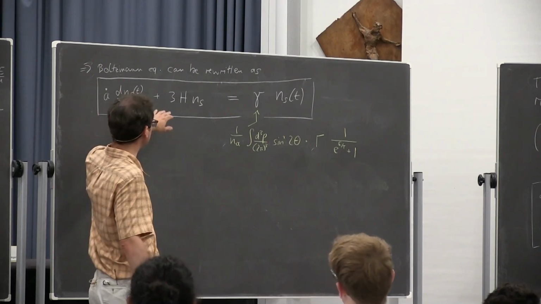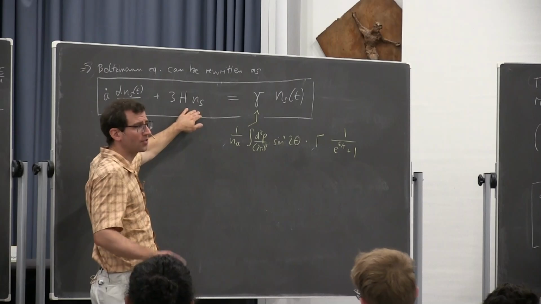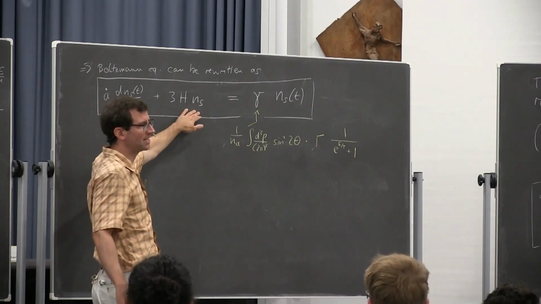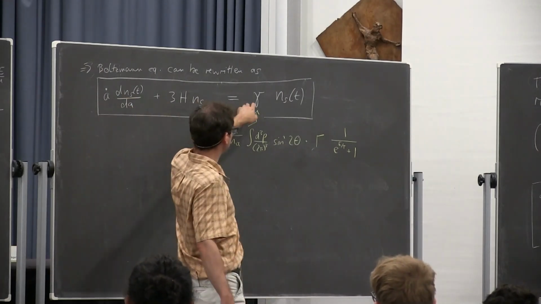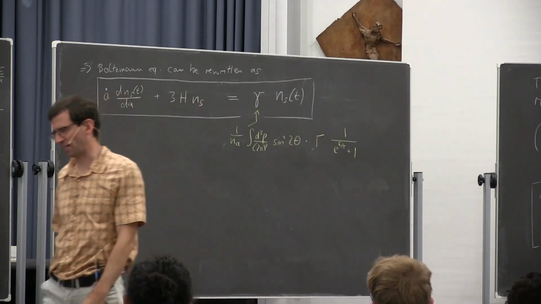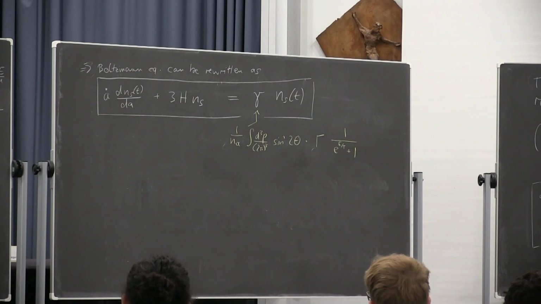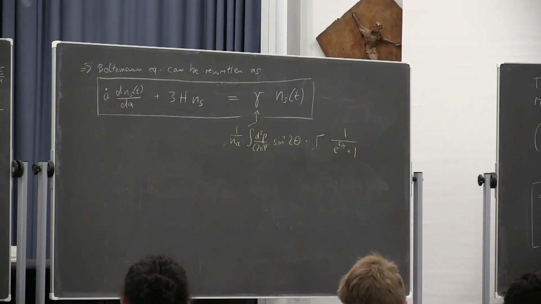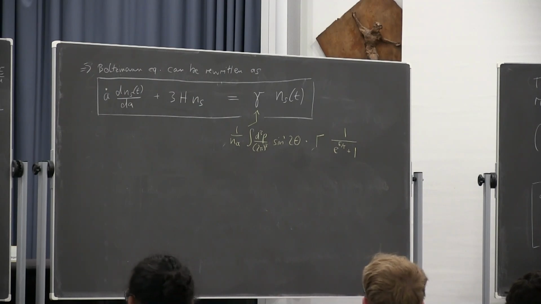That's what we are interested in. There's one term that takes into account the trivial time dependence of the number density due to Hubble expansion. And there's one term that takes into account the actual creation of sterile neutrinos via interactions. So that's how sterile neutrinos are made in the early universe. Okay, questions up to this point?